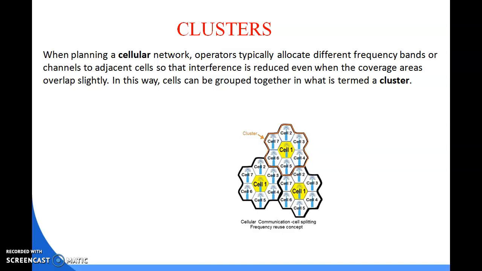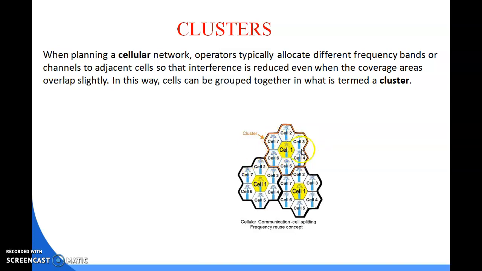So clustering is not the solution to control heavy traffic, because sometimes this cluster has low traffic and this cluster has high traffic. Whatever frequencies are allocated to this cluster are not sufficient, as the traffic is so high in this cluster. But the frequencies used for this other cluster are sufficient because the traffic is low here.